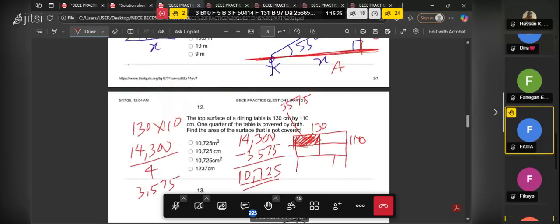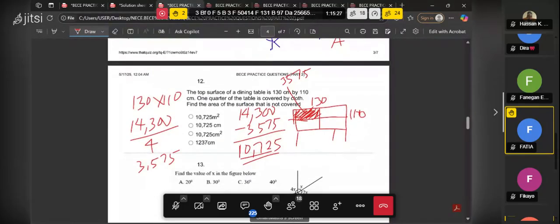So 130 times 110 gives us 14,300. 1/4 of it is 3,575. So that means we have to remove 3,575 from 14,300, and that gives us 10,725. So that is that. It's not something that is hard. I believe we can move on now.